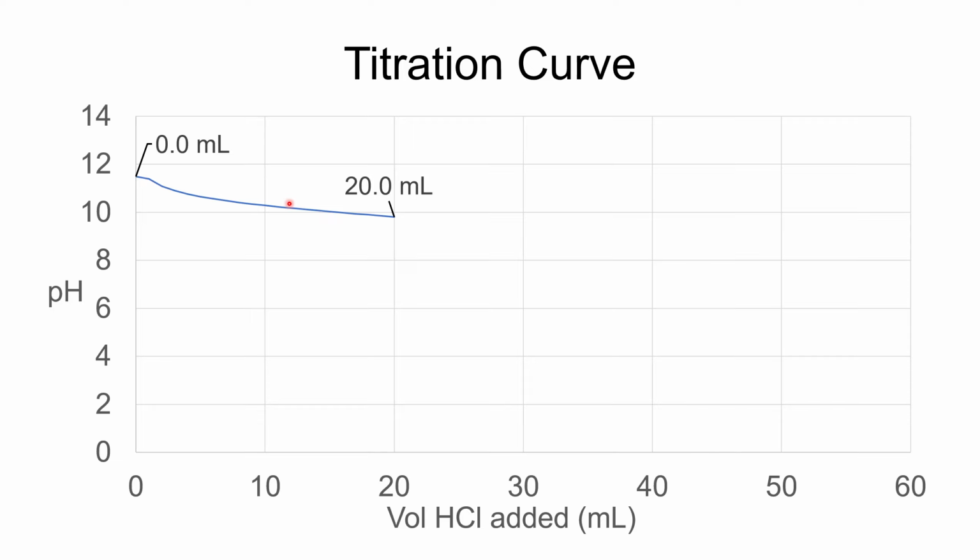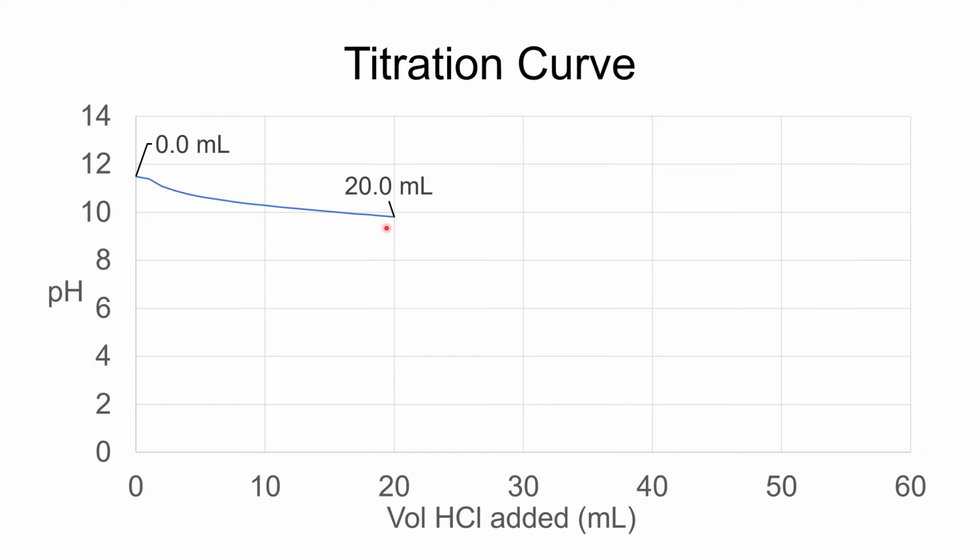You'll even notice there's a little hiccup here, and that's because some of the assumptions that we use for the Henderson-Hasselbalch equation start to break down. Really what it means is it's not okay to neglect X, and so the calculations just get a little bit harder. It's not impossible. So that's why that one looks a little weird.